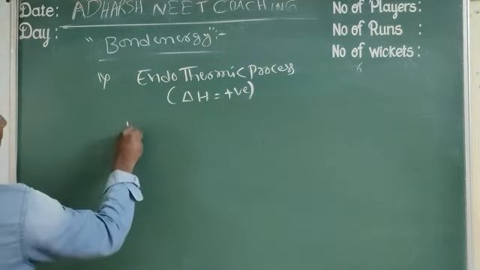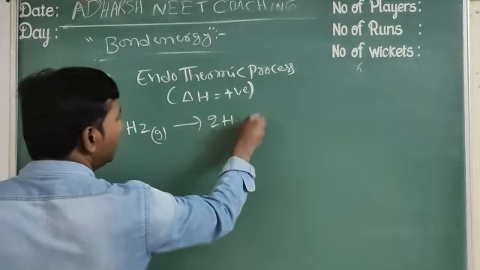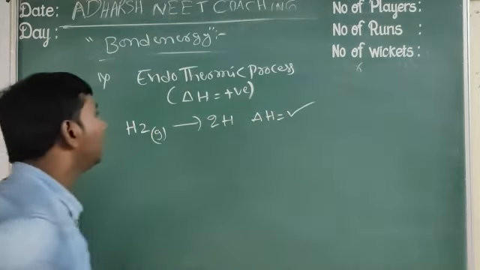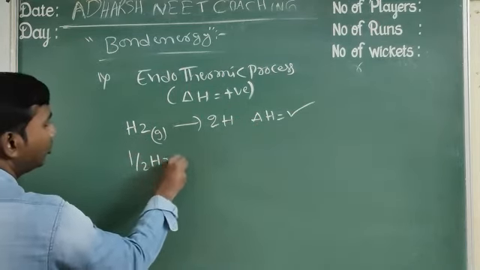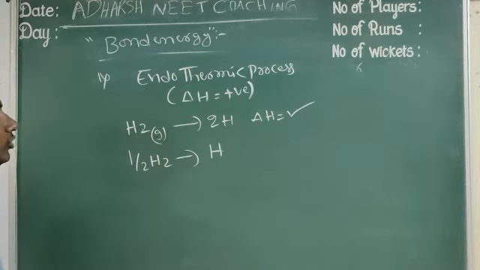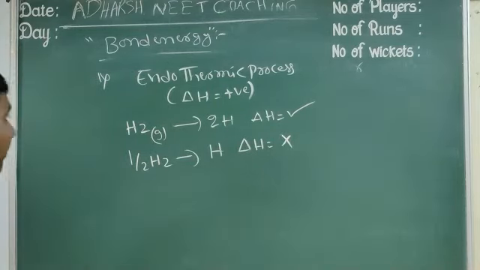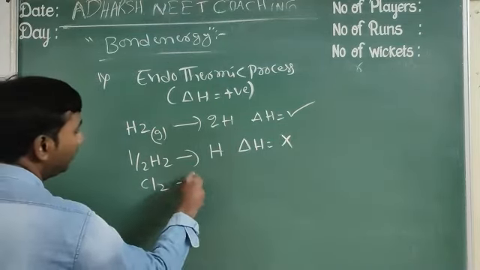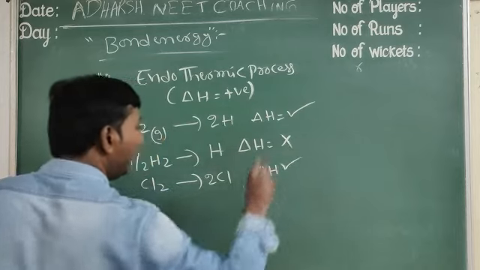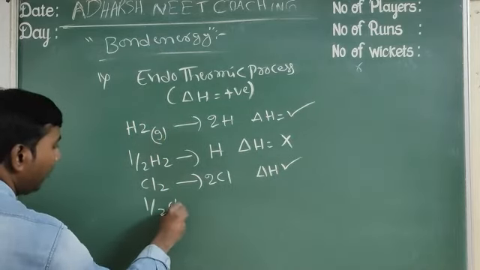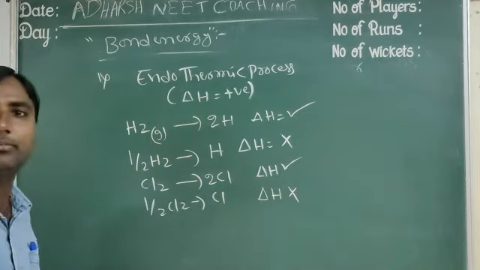For example, H2 gas dissociating to 2H, the delta H is the bond dissociation energy. But half H2 to H is not bond dissociation energy. Similarly, Cl2 to 2Cl is bond dissociation energy, while half Cl2 to Cl is not.